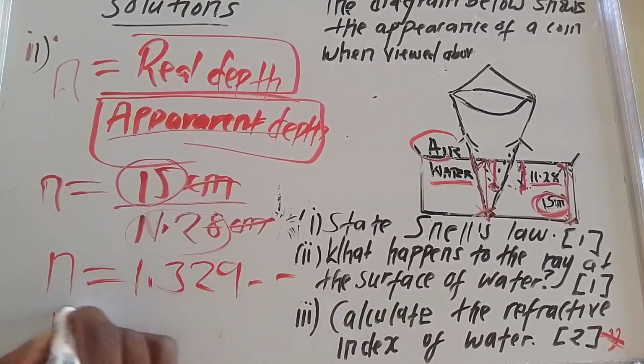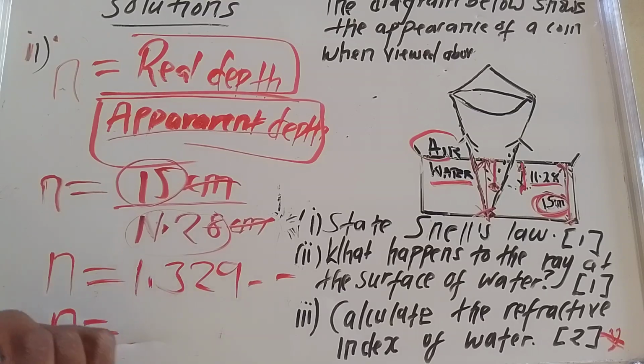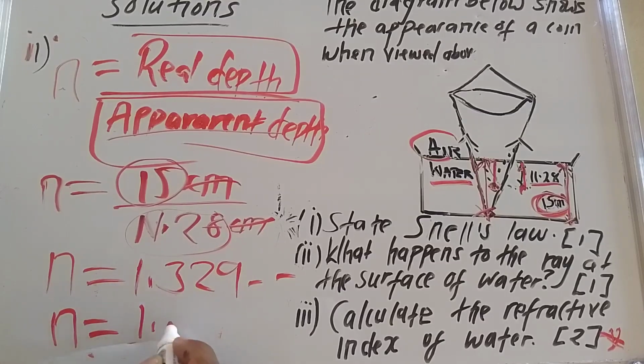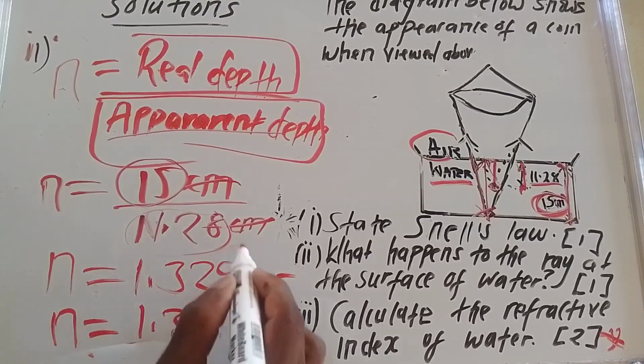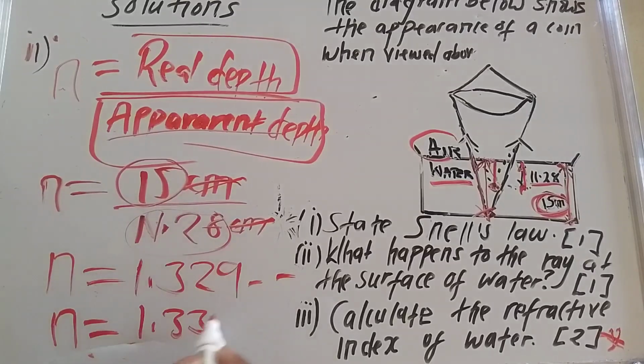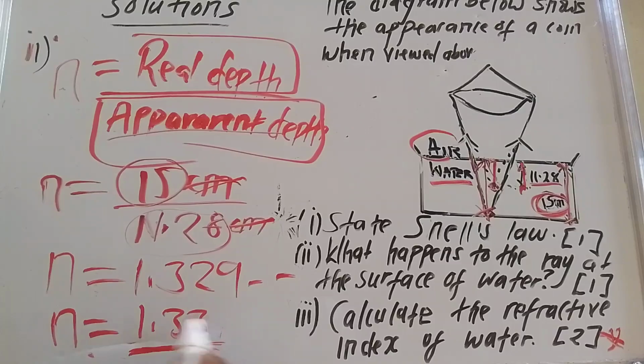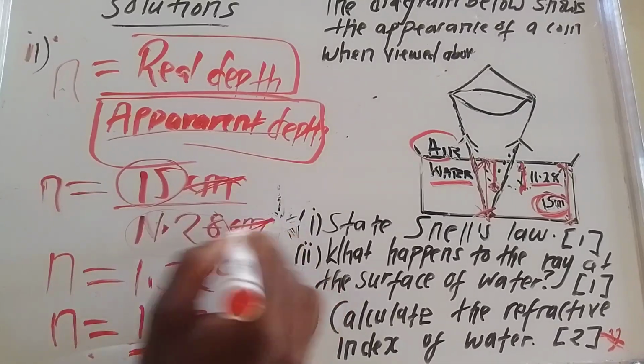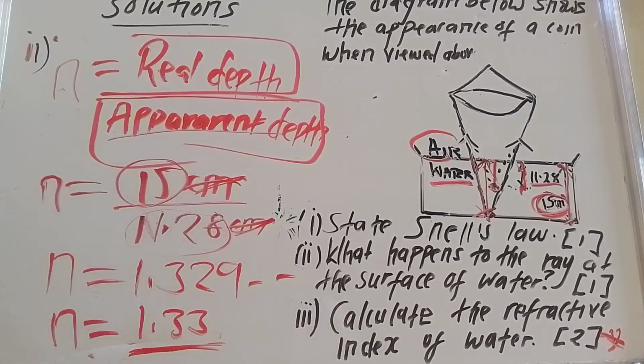For you to give the answer, you need to leave it in 3 significant figures, so what you are going to have is 1.33. Remember, this centimeter and this centimeter have been cancelled. The refractive index has no units because of the cancellation of these 2 centimeters. So that is the answer for the last question.